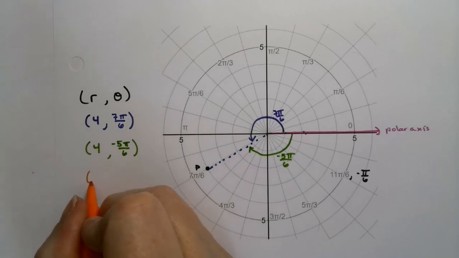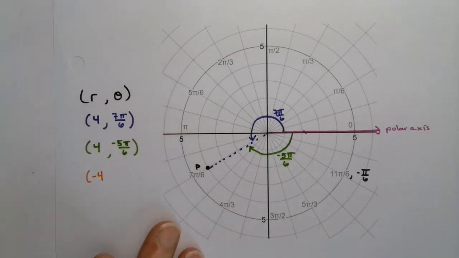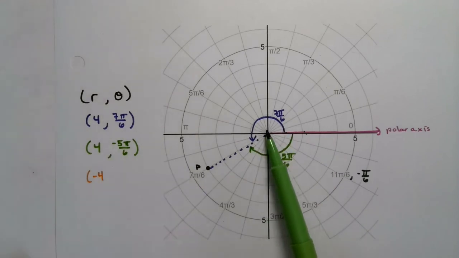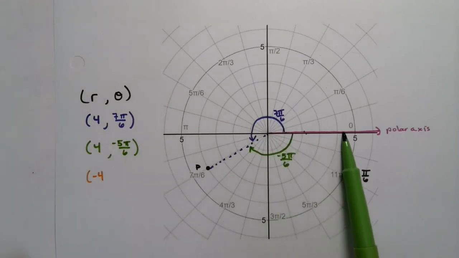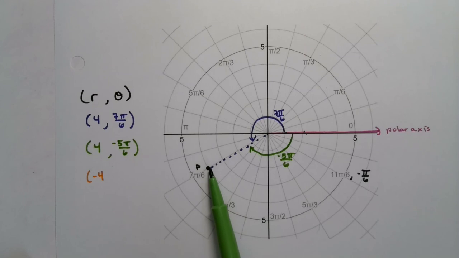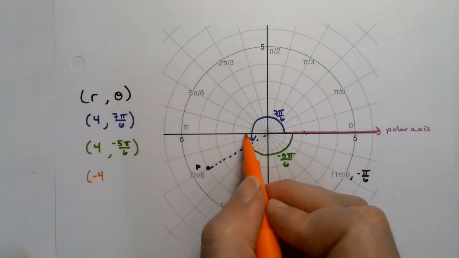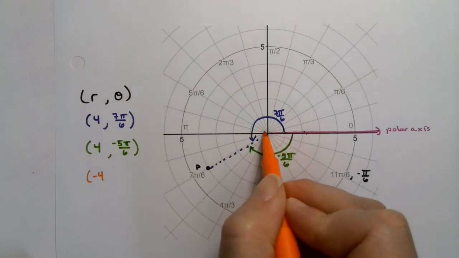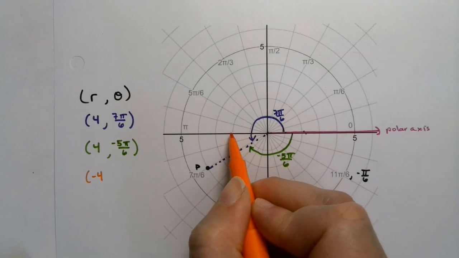negative r? So let me go negative 4. If you think of how I've been doing this, when I said it's 4 for negative 5 pi over 6, I said go out 1, 2, 3, 4 on this positive polar axis and loop around to negative 5 pi over 6, and that gets you out to this point. But if I start at negative 4, that actually starts me on the negative polar axis. So instead of the positive one, which is pink over here, I'd go 1, 2, 3, 4.